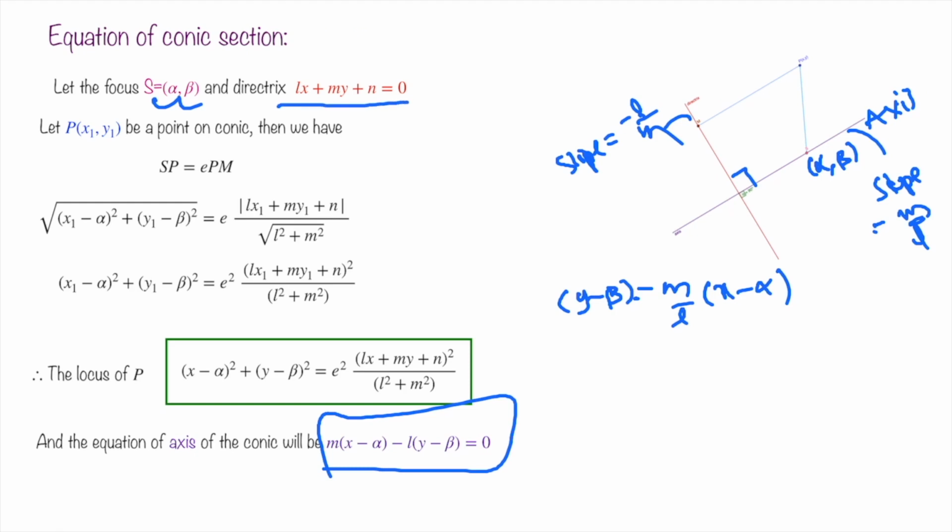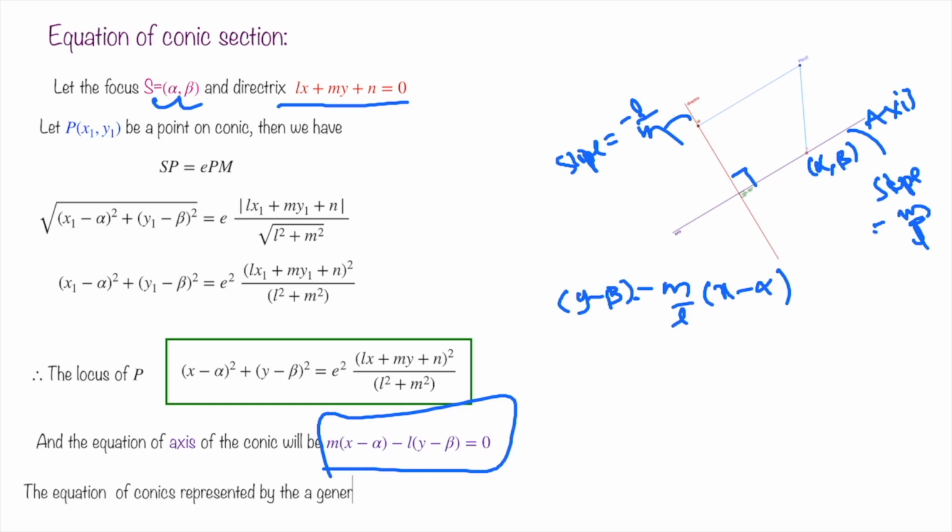Actually, if we further simplify this equation, you will end up with a general second degree equation in x and y, because you will have some x square term, some y square term, some xy term, an x term, a y term and a constant term.